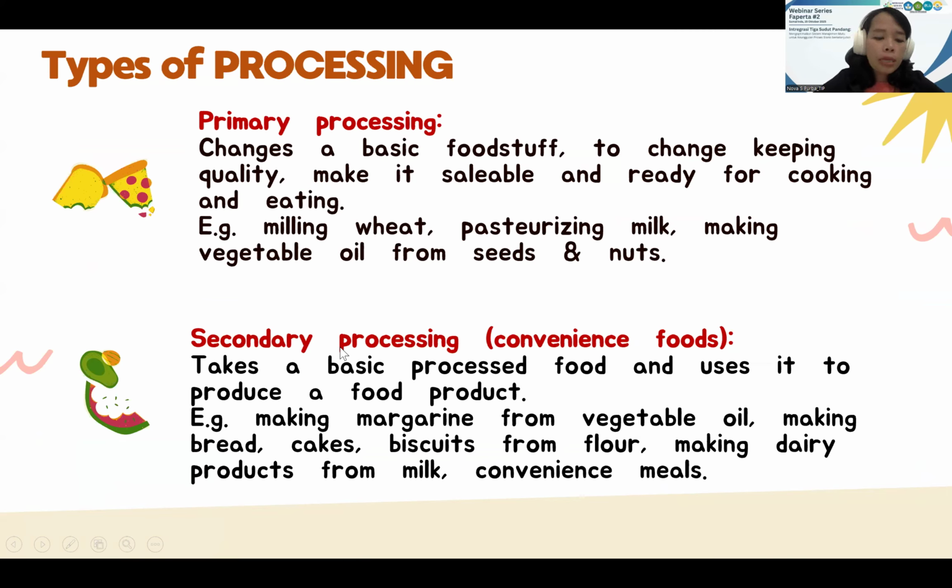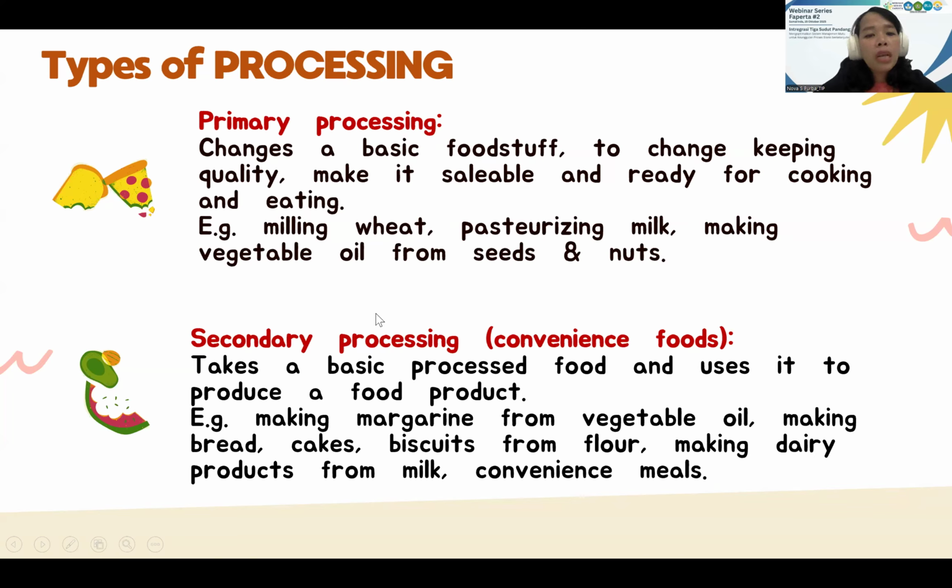In primary processing, what we are going to do is to change a basic foodstuff, to change keeping quality, make it sellable and ready for cooking and eating. Just cook and eat. For example, milling the wheat, pasteurizing milk, making vegetable oil from seed and also nuts.